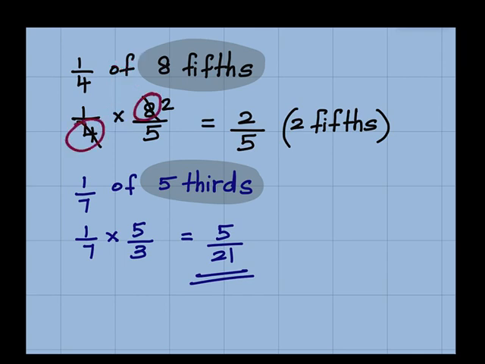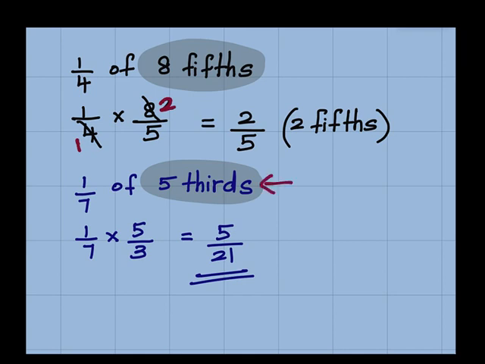Both are multiples of 4, so you can cross it off and then make a 2 here, and then there's a 1 there. Now do the numerator. 1 times 2 is 2, and 1 times 5 is 5. 2/5 is the answer.